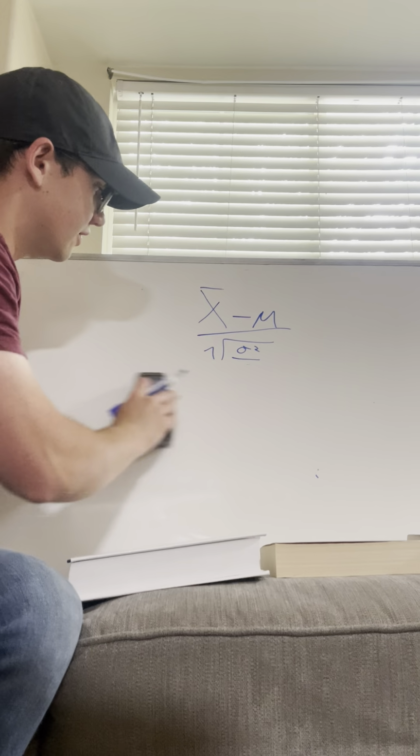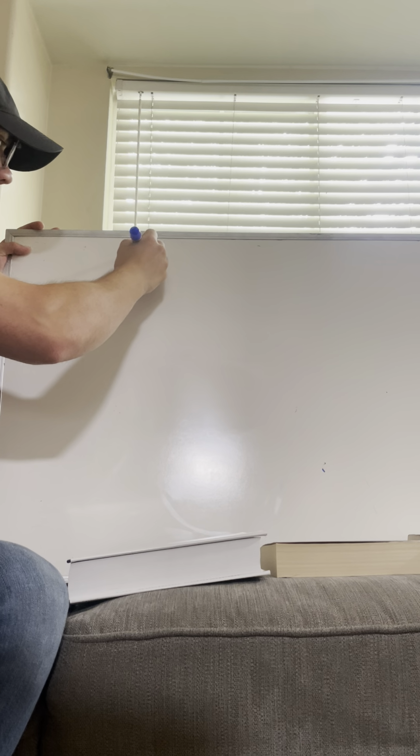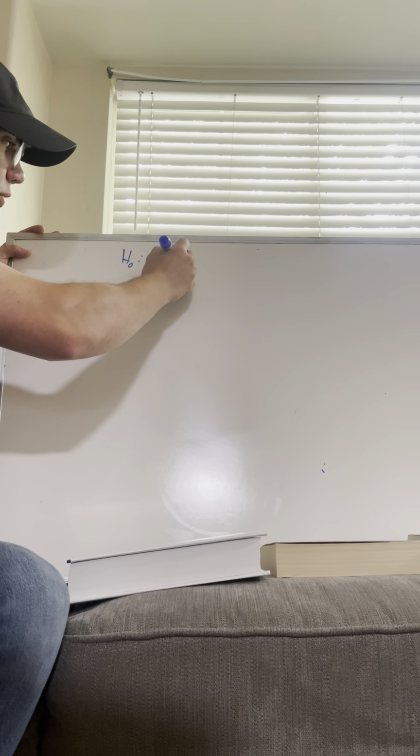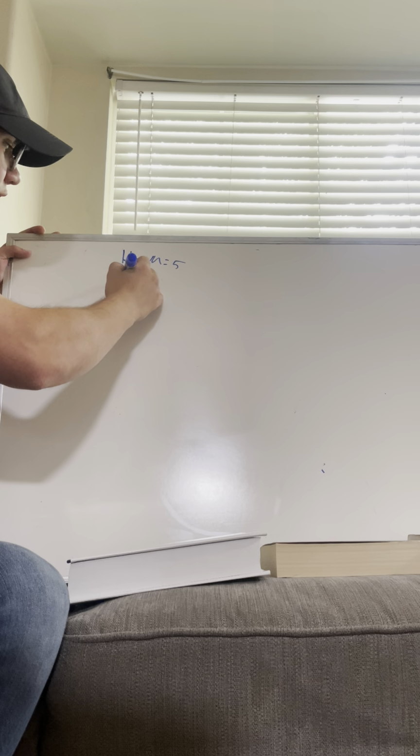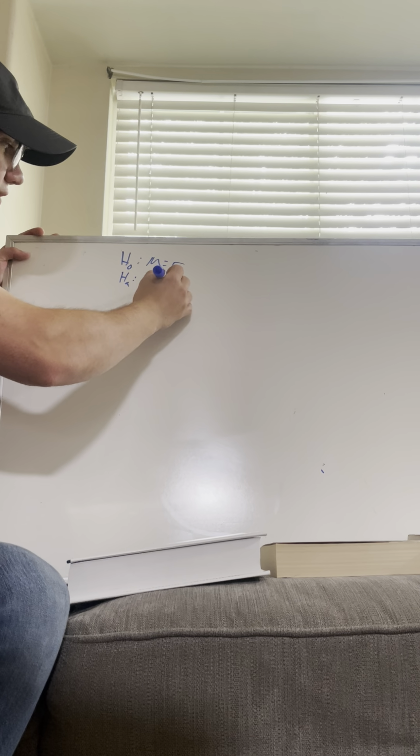So to visualize things a little bit, let's say that you have the null hypothesis that mu equals 5, and your alternative hypothesis is that mu is greater than 5.